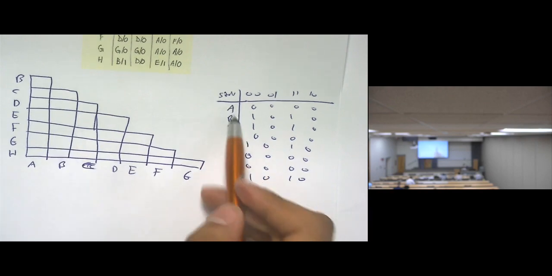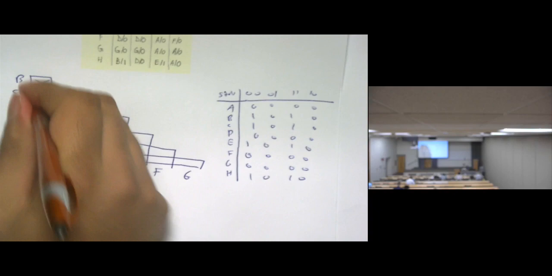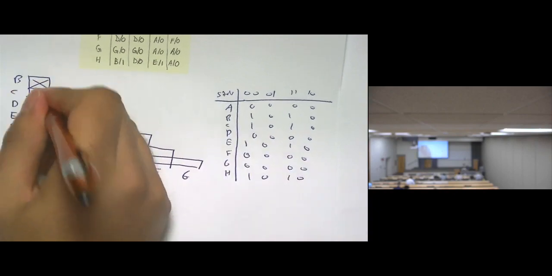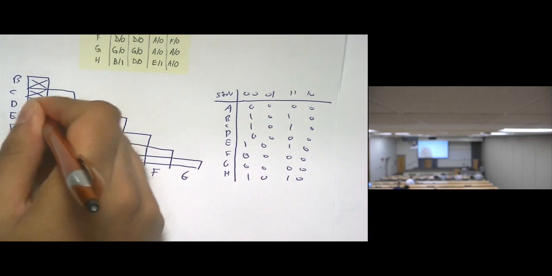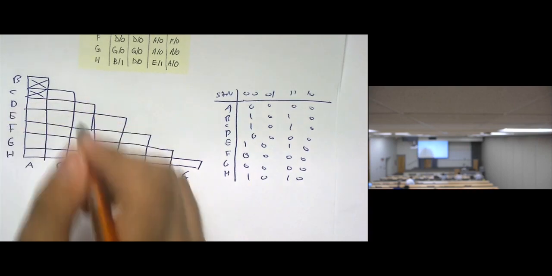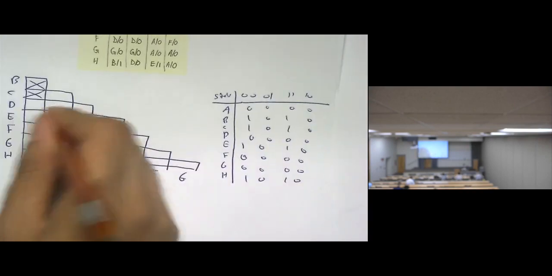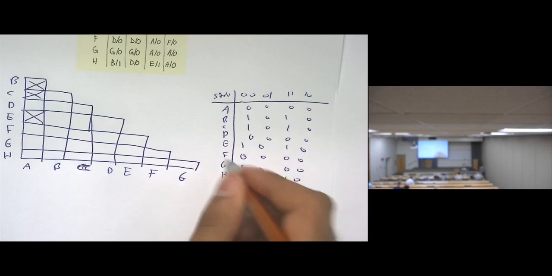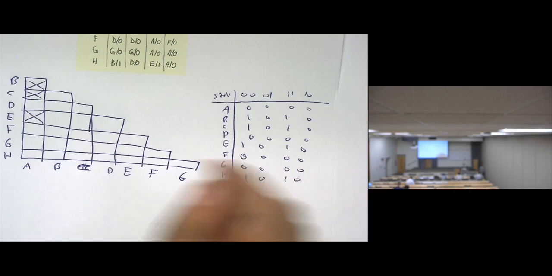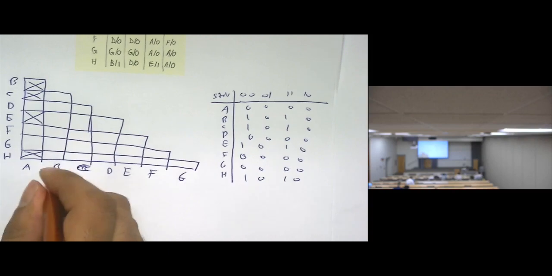Okay? Now, let's try to cross the cells that are not the same. A and B are not the same, right? Cross it. A and C, cross it. A and D, yes, keep it. A and E, cross it. A and F, keep it. A and G, keep it. A and H, cross it. How about B?